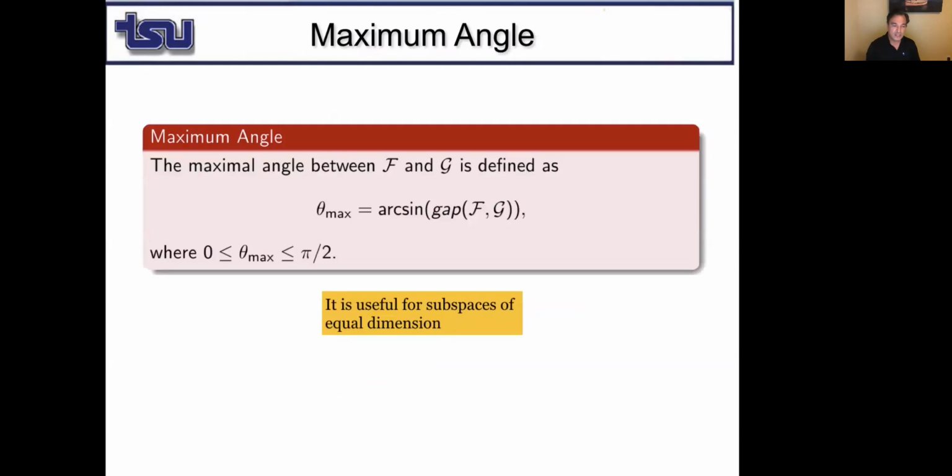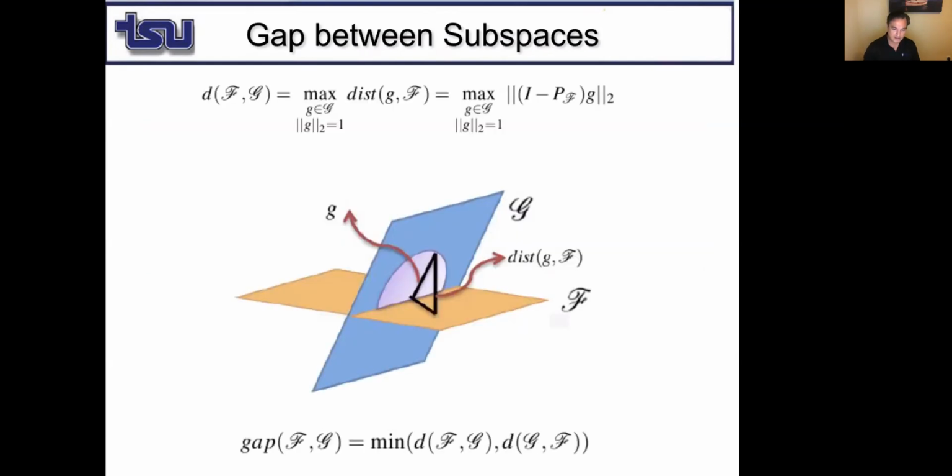Okay, so that's called the maximal angle. The maximal angle between F and G is defined as what? Define the gap between F and G and do what? If we go back here, and for example here, okay, this is the distance, and this is 1. Sorry, this is 1. Okay, hold on, let me be clear here.